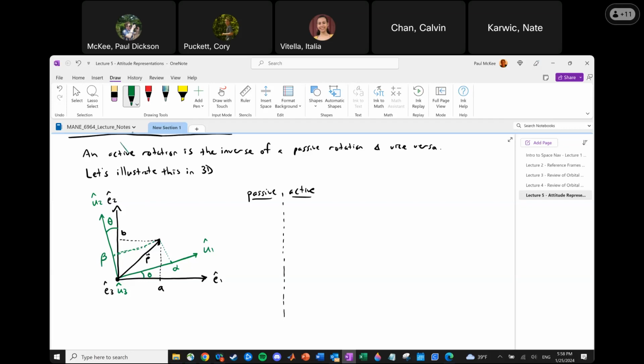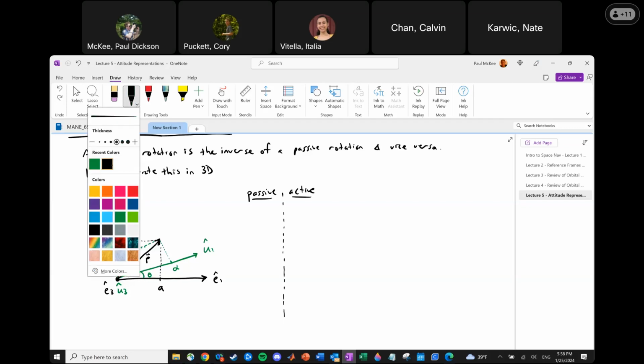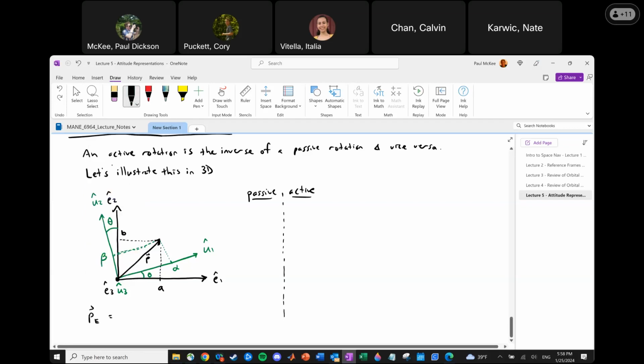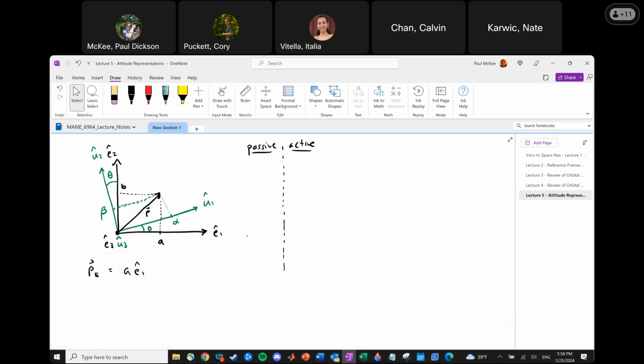Okay, so here's what I'm really saying. Let's get rid of that last stray mark there. Here's what I'm really saying: that P in the E basis is A E1 plus B E2 plus 0 E3. I'm going to scroll down just one more click of the mouse wheel here.